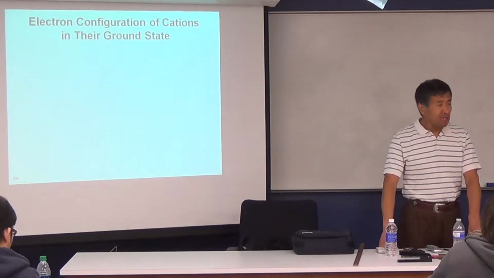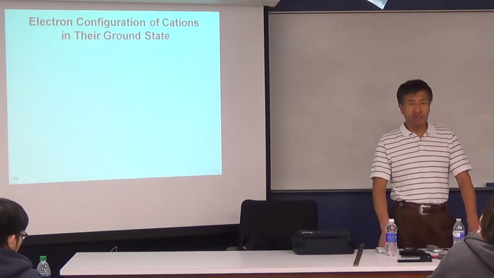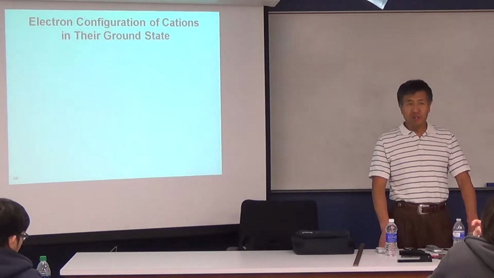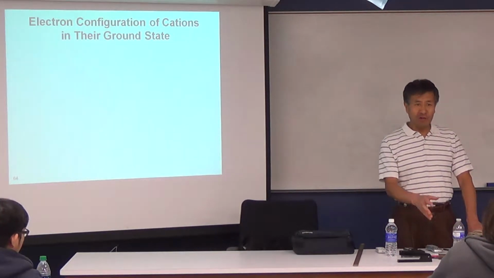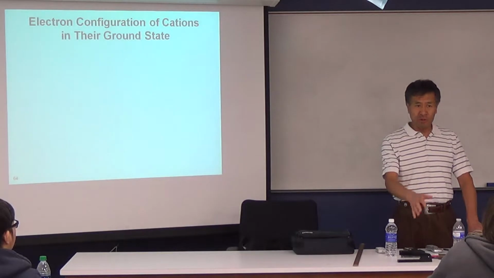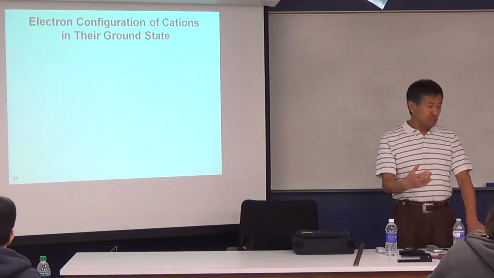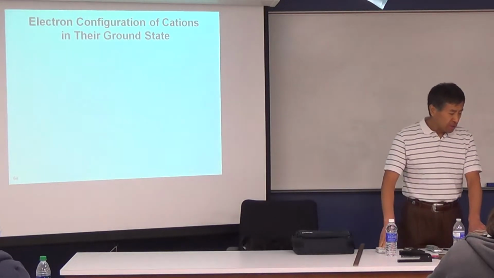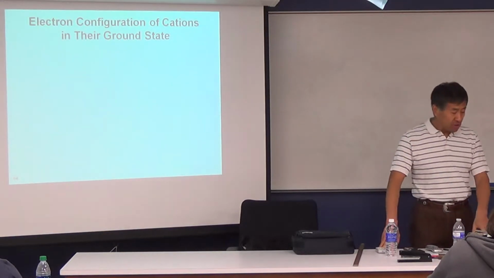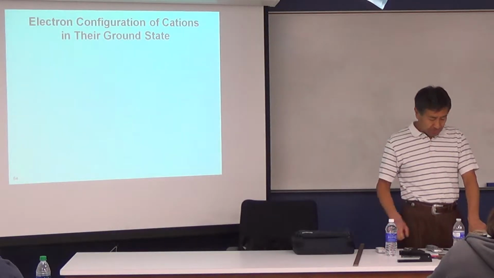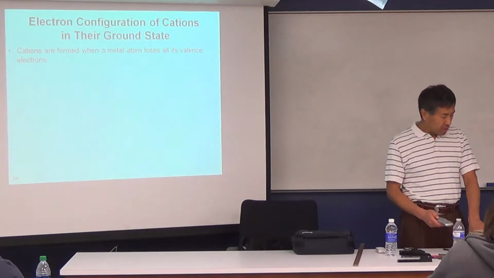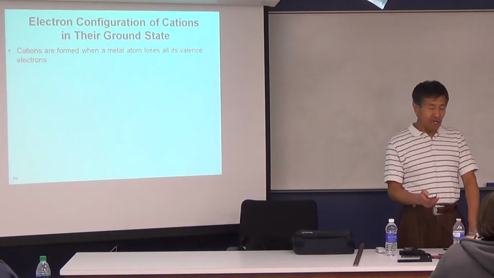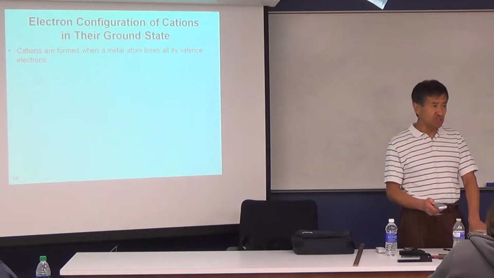Taking an electron away is actually not that easy compared with adding one. Adding an electron just goes to the lowest available orbital. Taking an electron away, you have to decide which electron to take away first. That again depends on what kind of element we have, maybe group A elements, maybe transition metals.